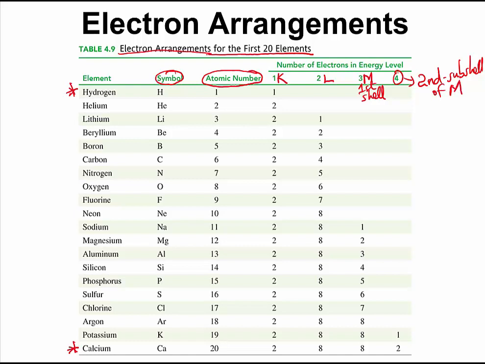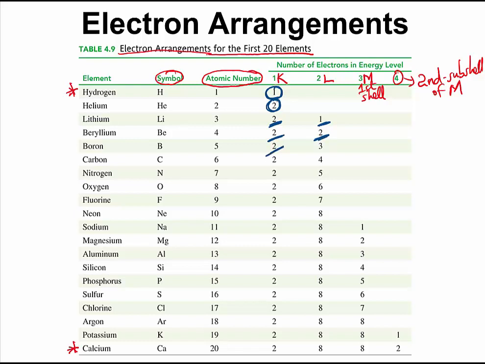Hydrogen has only 1 electron, and that single electron is in the K shell. Helium has only 2 electrons. Both electrons can be accommodated in the K shell. Lithium will be 2 in K, 1 in L. Beryllium, 2 in K shell, 2 in L shell.